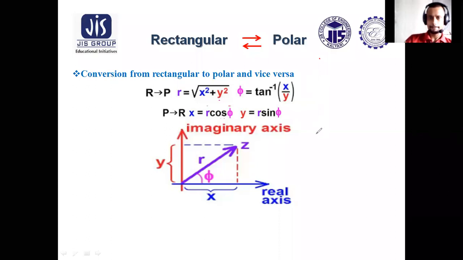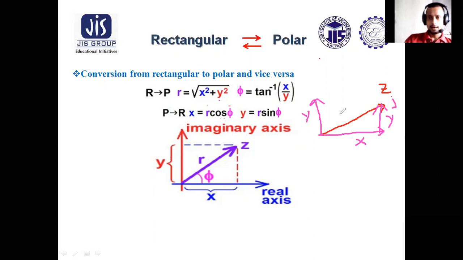Say this is the phasor Z, which is resolved into a horizontal component, that is X, and a vertical component, that is Y. So if this is Y, this should also be Y. Okay, this is the J axis.